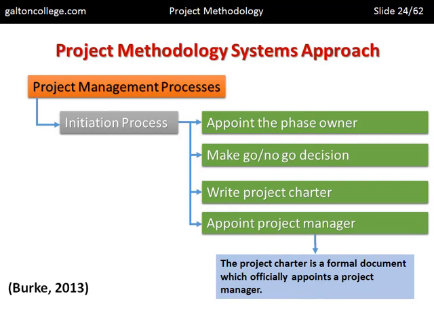And then appoint a project manager. Now, I said earlier the phase owner is the project manager. Well, that may be a project manager at a very senior level who's looking at the project, who will go about making the decision to do it or not to do it, and also to write the charter if it gets that far.